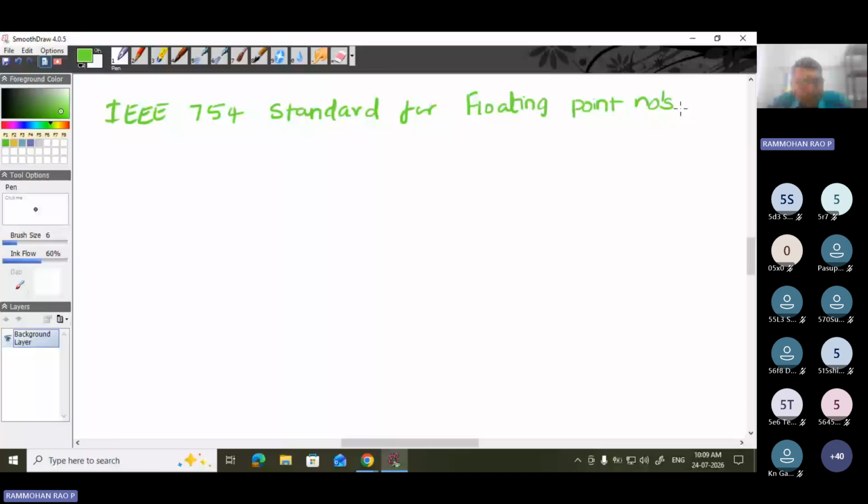So friends, the way floating point numbers are stored is totally different. The way the IEEE 754 standard defines the representation of a floating point number is totally different.